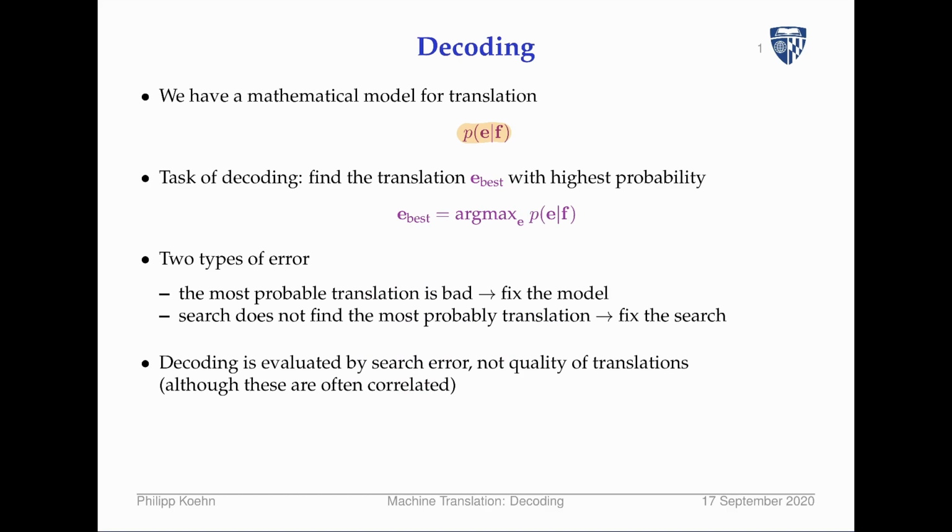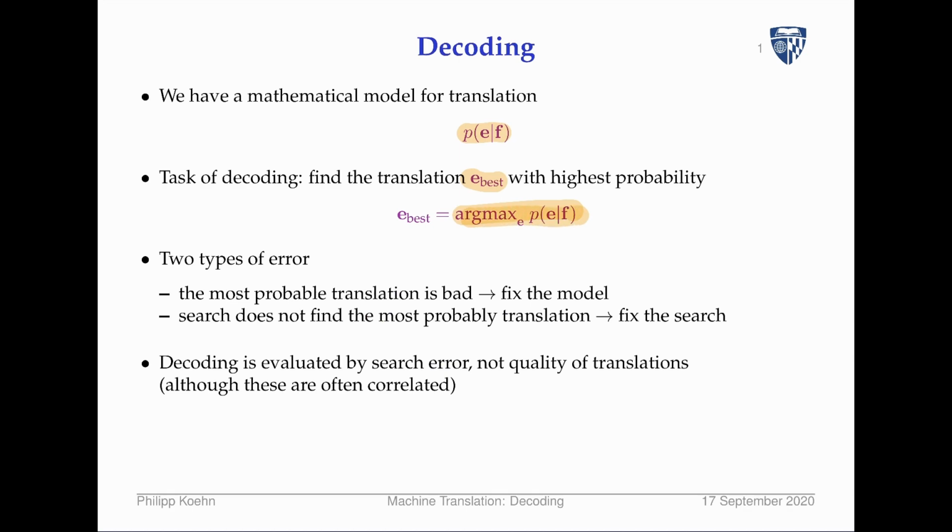If you have a given foreign sentence and a given English sentence and a phrase segmentation, you get a number out relatively easily. But the problem we have here is to find a translation E best that has the highest probability. So we basically want to solve this problem.